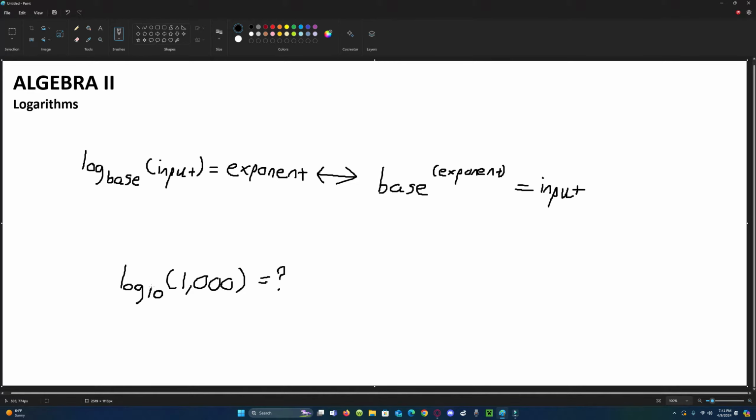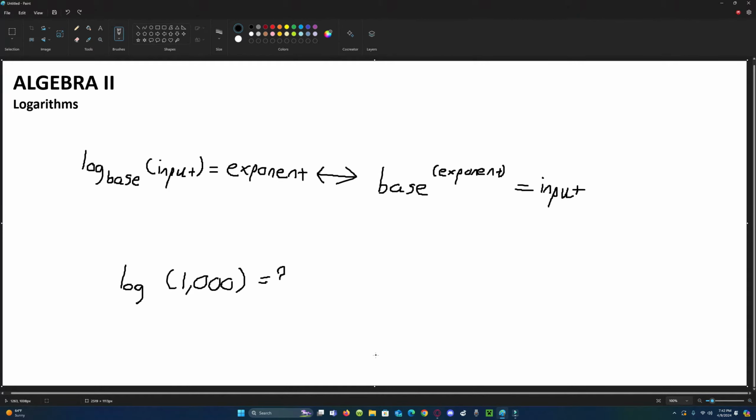So let's just say that this is invisible, like this 10 doesn't exist, even though we know it's a 10. The log of 1,000 is equal to 3, because using our same logic, 10 would be the base, times the exponent, 3 equals the input, which is 1,000. And again, this makes sense. This would be a true equation.